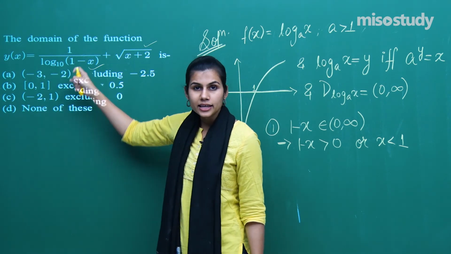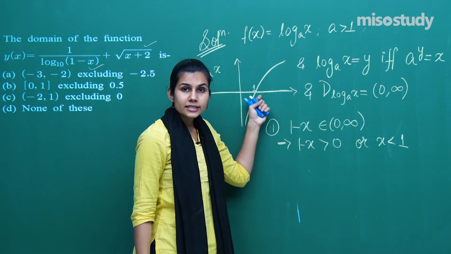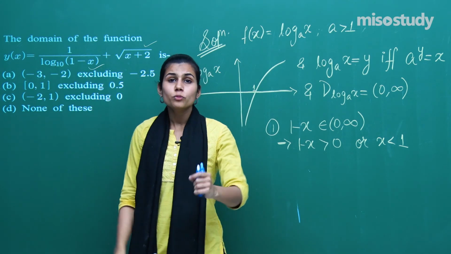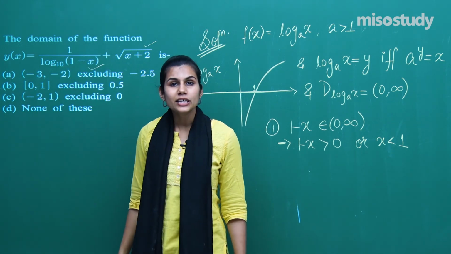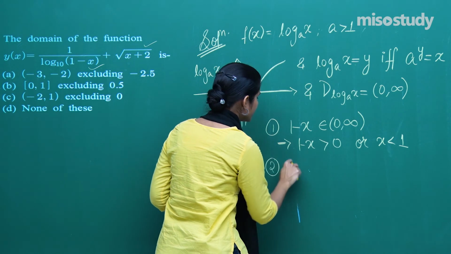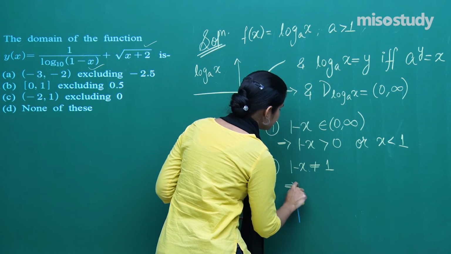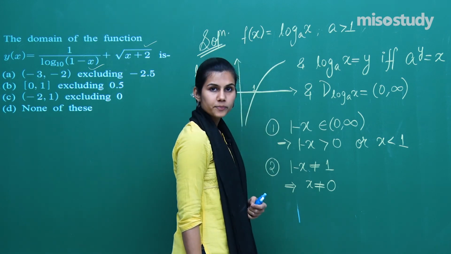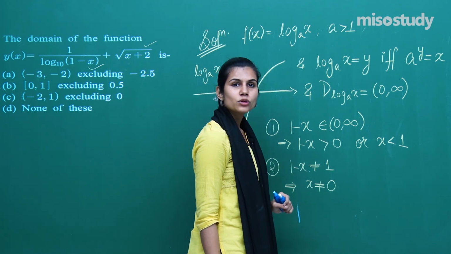And log of anything is 0 only when that anything is 1, because log 1 is 0. For this expression to be non-zero, I want 1 minus x to not be equal to 1. Because if 1 minus x is 1, log 1 will be 0 and 1 upon 0 will be an undefined term. So the second condition I want is 1 minus x should not be equal to 1, or I can say that x should not be equal to 0. Because when x is equal to 0, you get 1 minus x equal to 1.